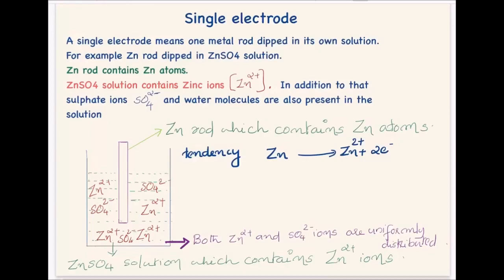This reaction involves the release of electrons. Release of electrons means oxidation reaction. So the tendency to become oxidized, the tendency of oxidation, we call by a name: oxidation potential.